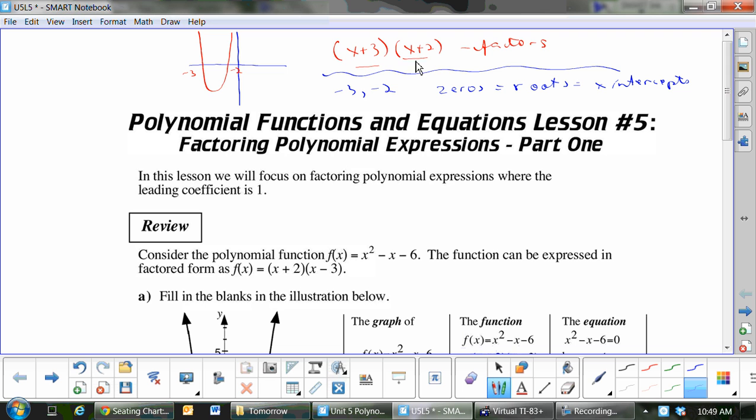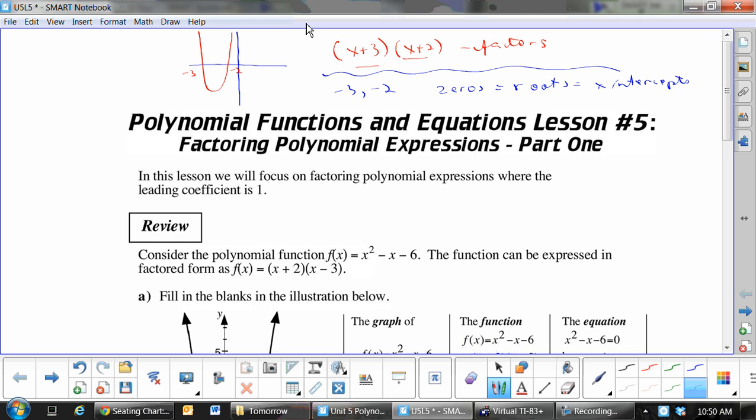They are these. And when this equals 0, 0 represents what? The remainder, aka the y value. So when does this thing equal 0? Well, that's called the zeros, roots, x-intercepts.